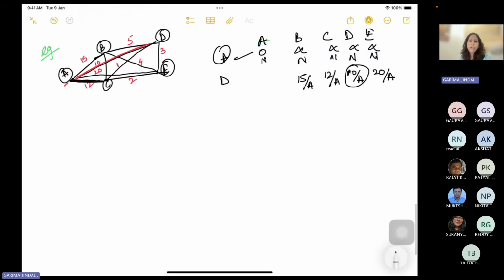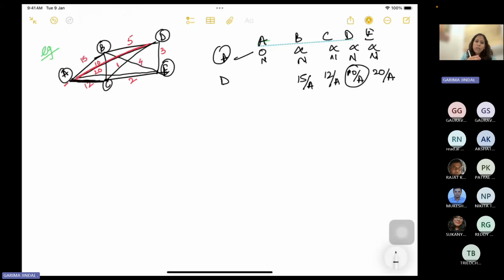Now from D, we will try to see what all edges can be visited and what is the cost of those edges. From D, we can visit B and the cost of the edge is 5. In the earlier case, in the Dijkstra case, we were building the cost on the previous cost.